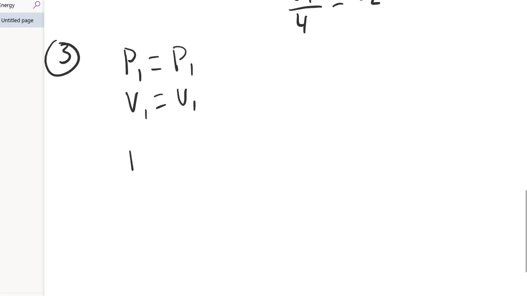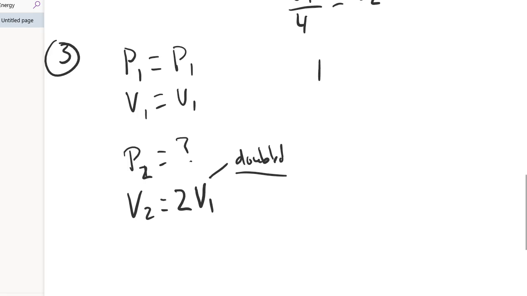Then they ask, what happens to the pressure, the P2 pressure? I don't know, but they do tell us the volume is going to change to 2 times the amount it originally started. So 2 times V1, because it doubled. That's what the problem said. It doubled.